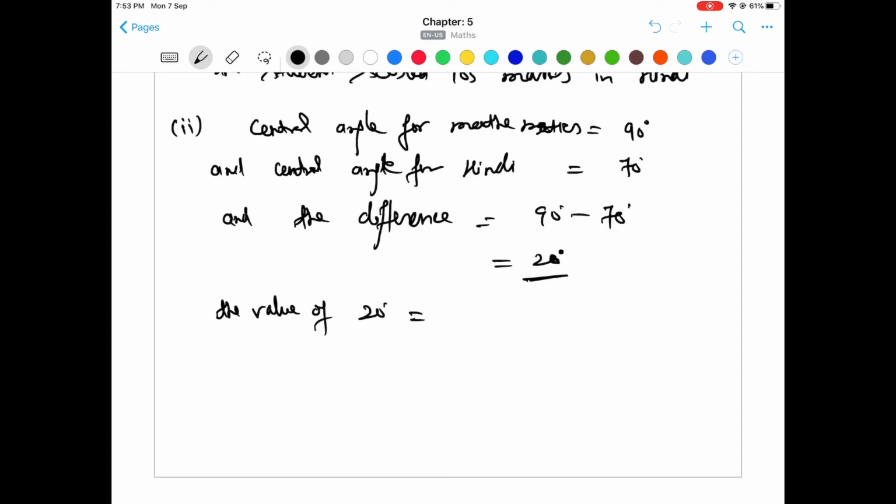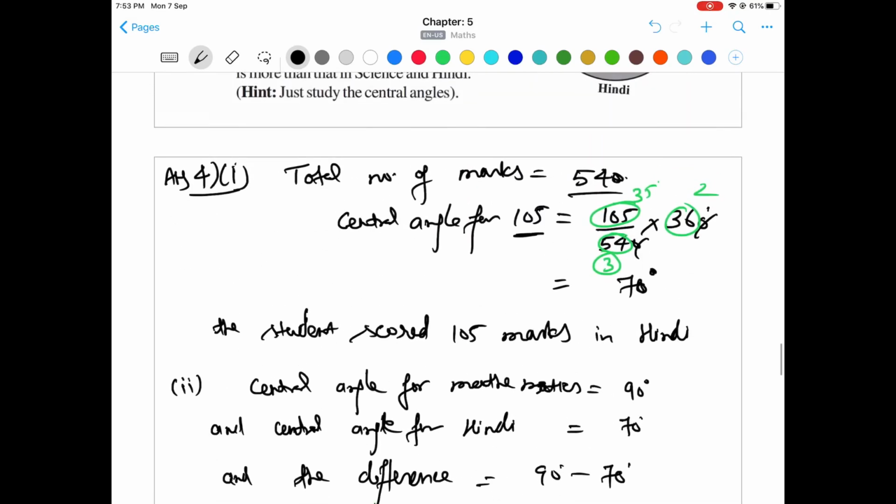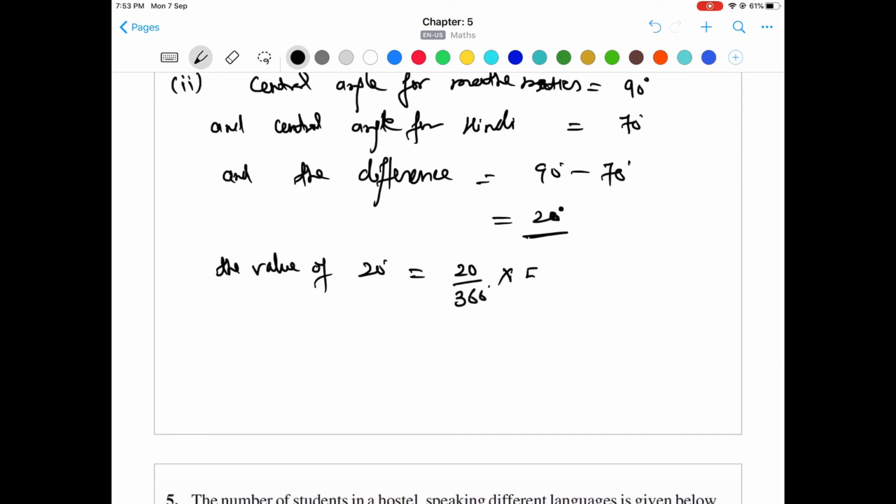Now the value of 20 degree will be, like I said, we have to first find the fraction, that is 20 degree, and this 20 is out of total 360 degree. Okay, then multiplied by the total marks, which is 540. When you solve this, 360 will give us 2 here, and 540 will give us 3 here. This 2 will result into 10 here. This 10 into 3 is 30. Hence the difference between the two is 30 marks.